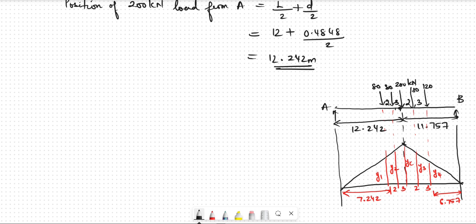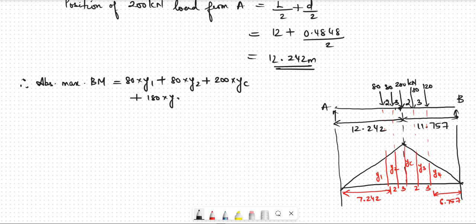So from this figure, the absolute maximum bending moment is given by 80 into y1 plus 80 into y2 plus 200 into yc plus 180 into y3 plus 120 into y4.